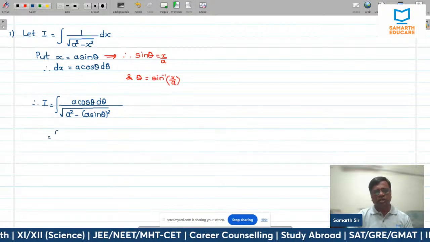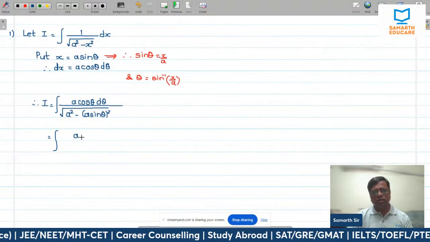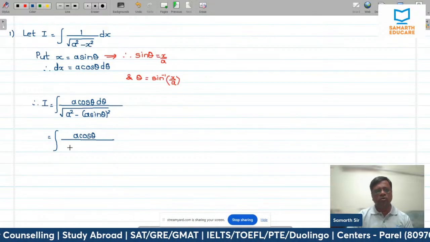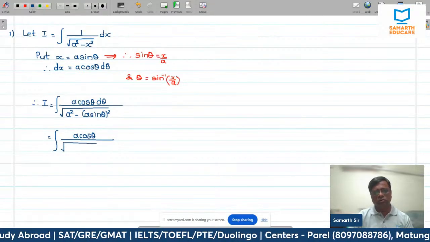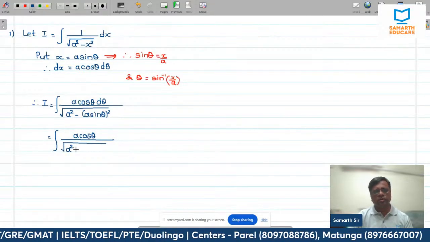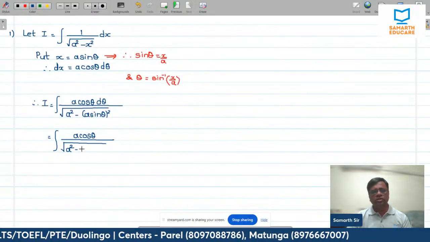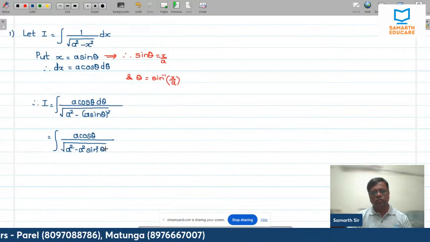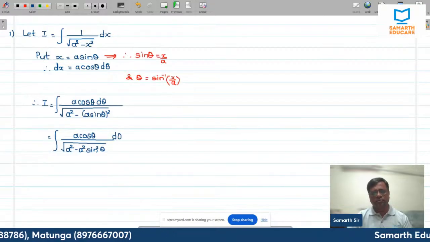Now that is equal to a cos theta upon under root a square minus a sine theta whole square, which is a square sine square theta, d theta.